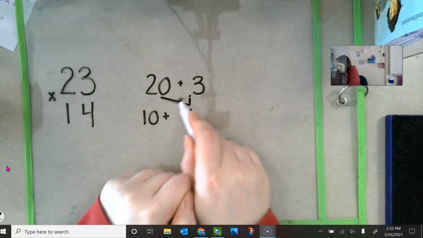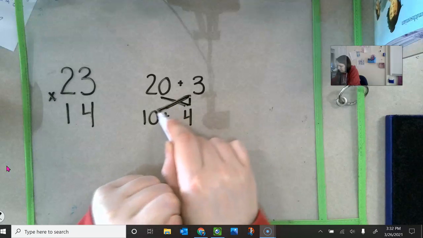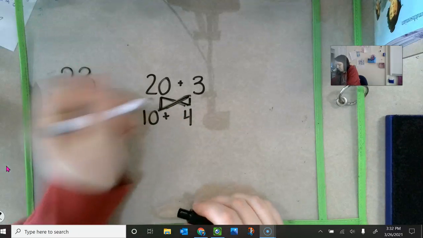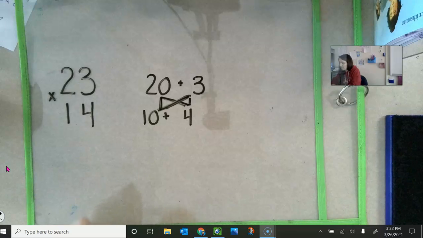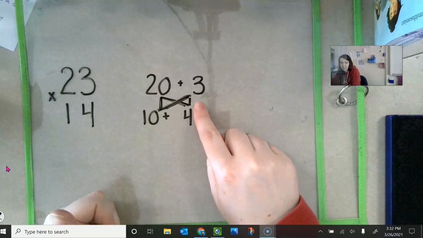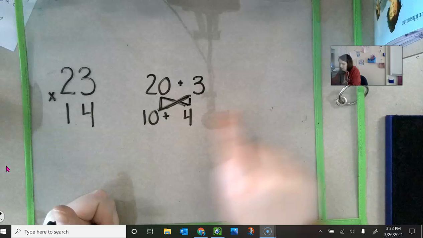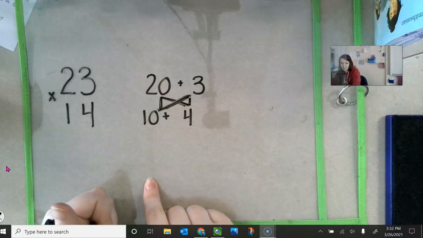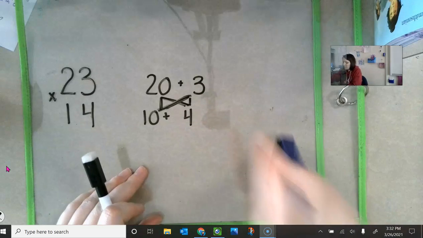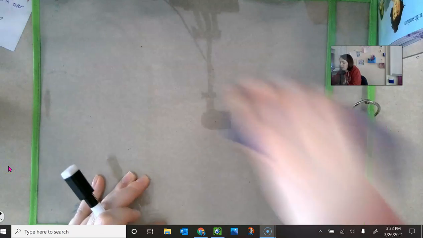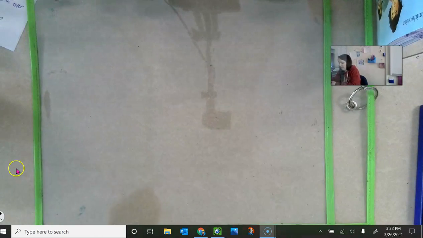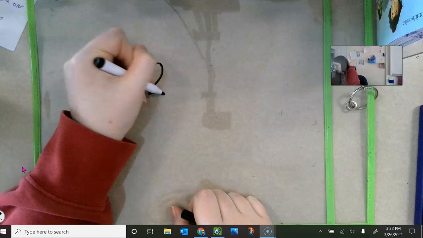Then I would multiply these numbers together and these numbers together. We are going to be following those same steps: up, diagonal, diagonal, down. So if it helps you while we're doing standard algorithm, you can always draw a bow tie above. I'm going to do that for the first one that we do.